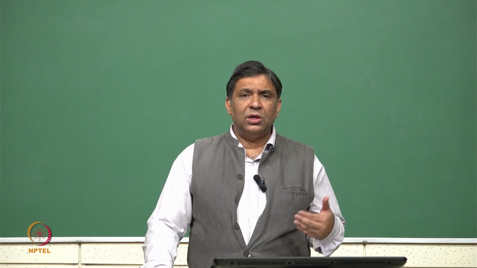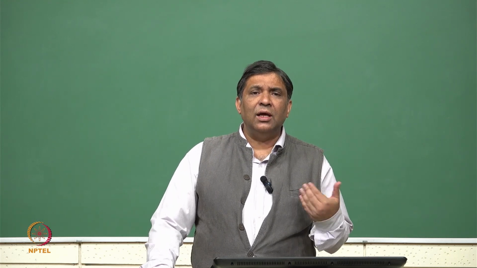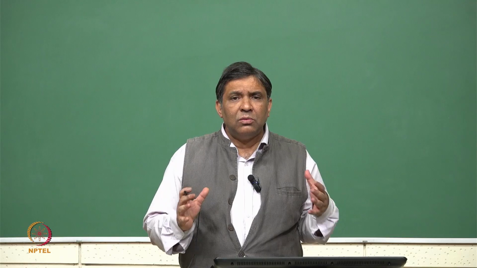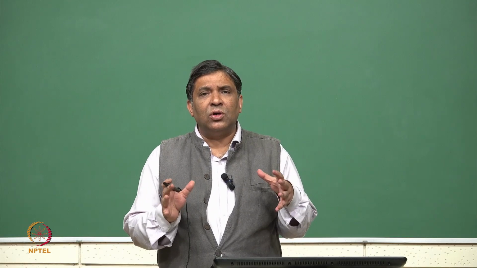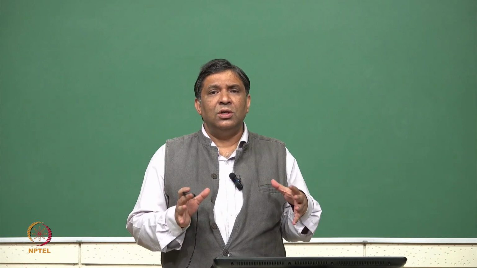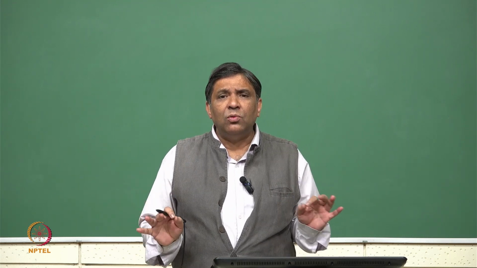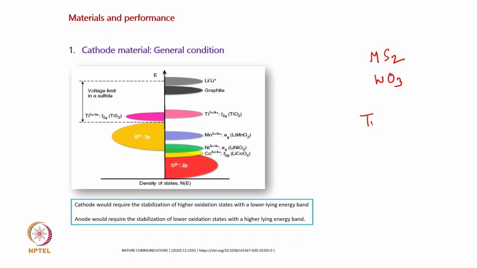So, it started with this journey, and then it was thought that one can make a battery out of a material which goes through this intercalation process. So, a combination was made where people chose TiS2 as cathode and lithium itself as anode.